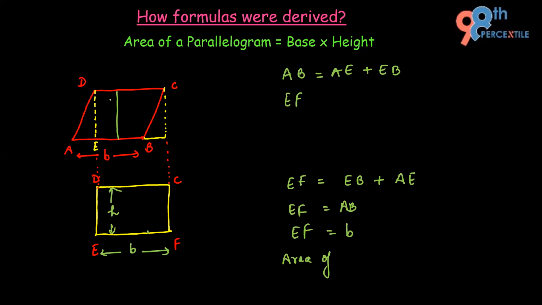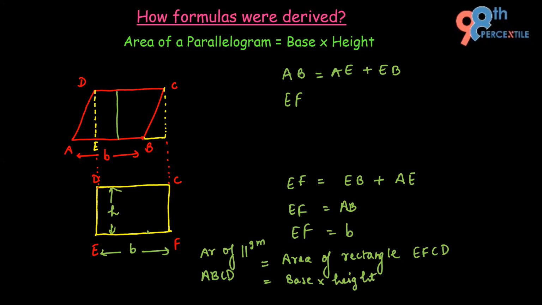So the area of this parallelogram ABCD will be the same as the area of this rectangle EFCD. And we know that the area of a rectangle is base times height. So that is how the area of a parallelogram is base times height.